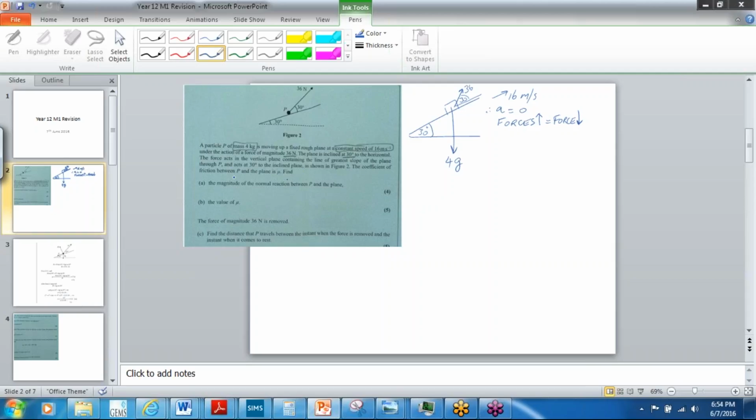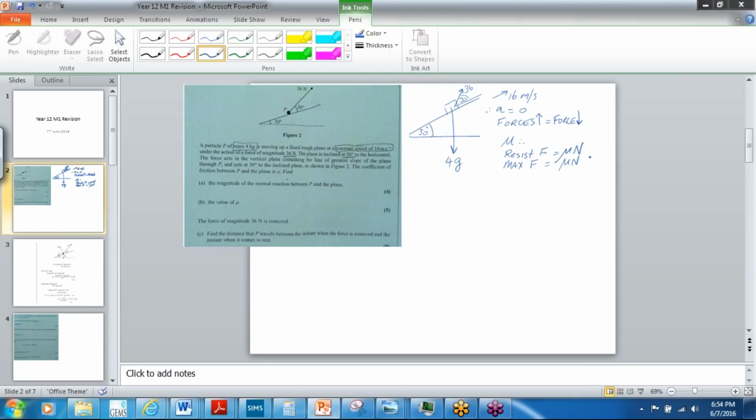The coefficient of friction between the object and the plane is nu. That therefore the resistant friction will be nu times N. That is for the maximum friction force.